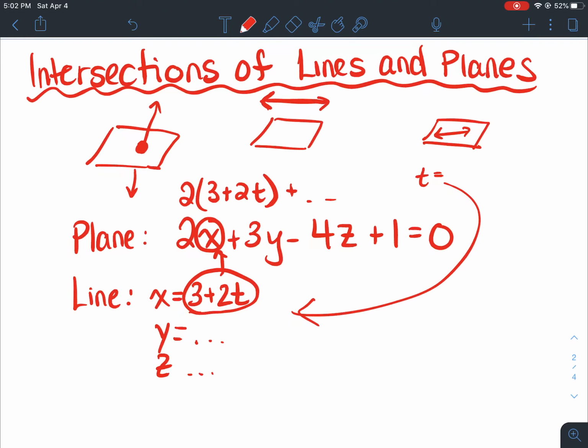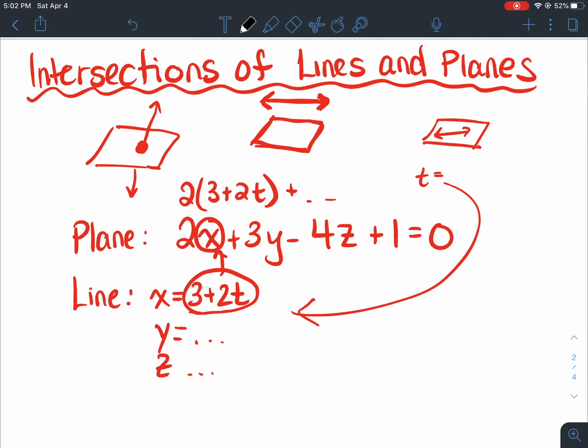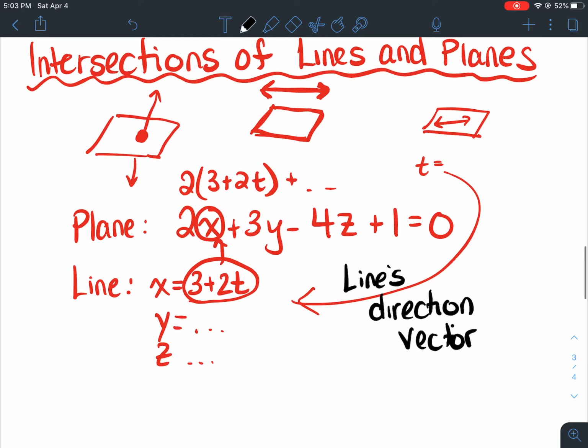And to tell if our line and our plane were parallel to each other, if you recall, we were able to check your line's direction vector. Think about it, your line's direction vector is going to be going parallel to the line. And if your plane's in scalar form, 2, 3, negative 4, we know that in scalar form, that vector is going to be perpendicular to our plane.